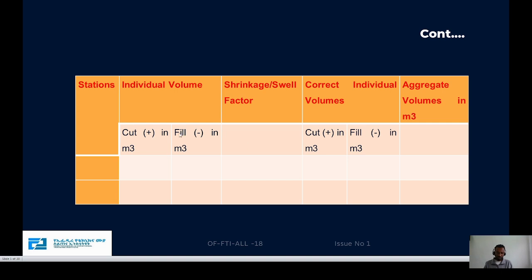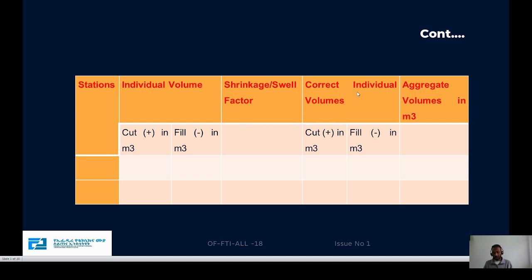For example, if the fill is 100 cubic meters and the shrinkage factor is 10%, then 100 times 10% is 10, plus 100, so 110 cubic meters is required for the filling.